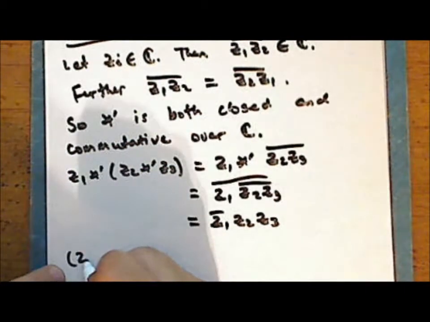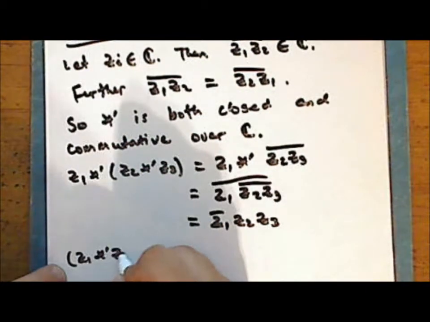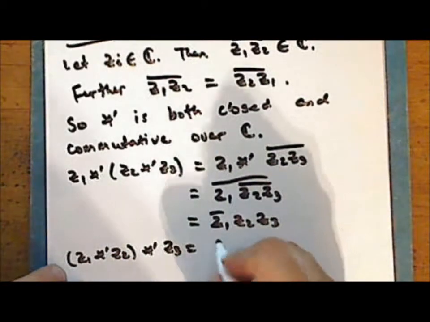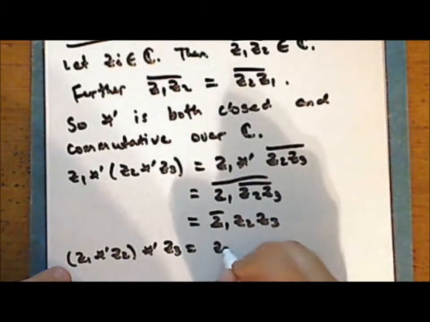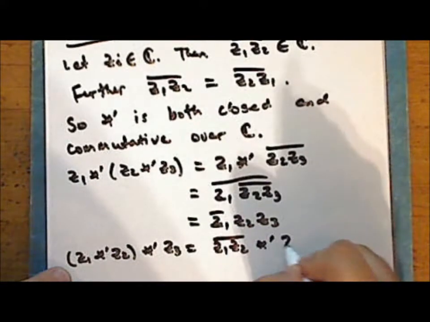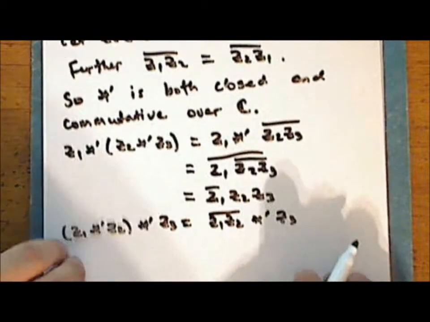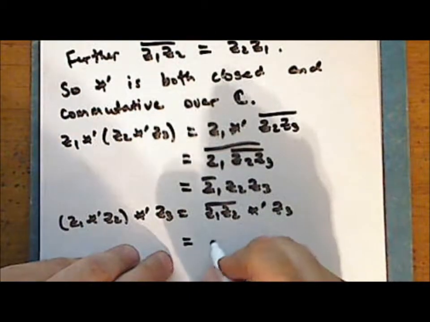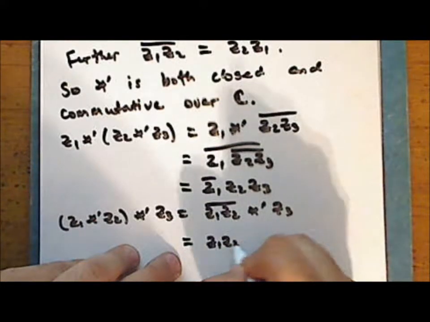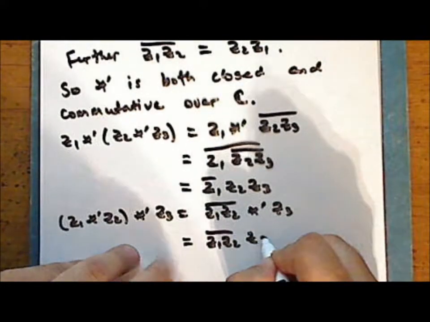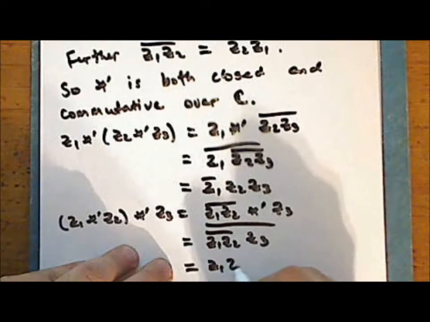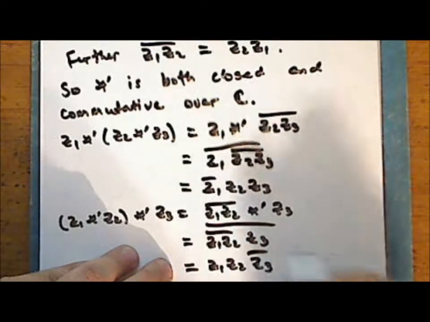Now the quantity z1 star prime z2 star prime z3 is the conjugate of the product z1 z2 star prime z3, and so this is the conjugate of the product z1 z2 with z3, and so this is z1 times z2 times the conjugate of z3.